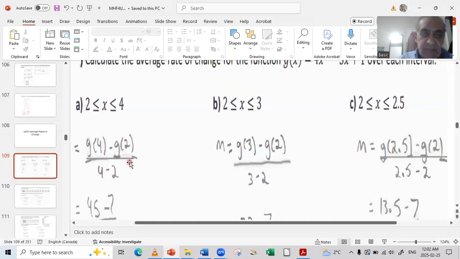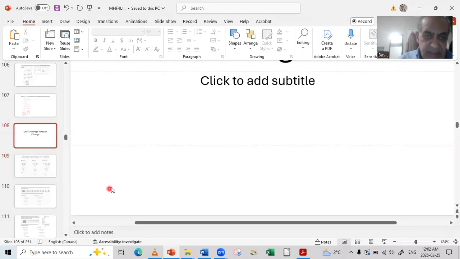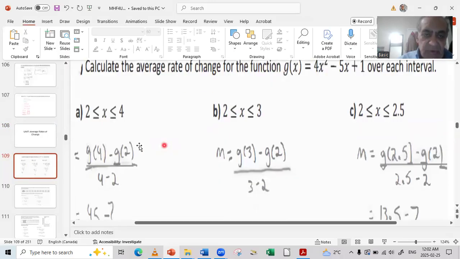Okay, my dears. Here, for g(4), I will substitute x equals 4. So 4 squared is 16, times 4, minus 5 times 4, plus 1. See how much it will be. Then I will do the same when x equals 2.